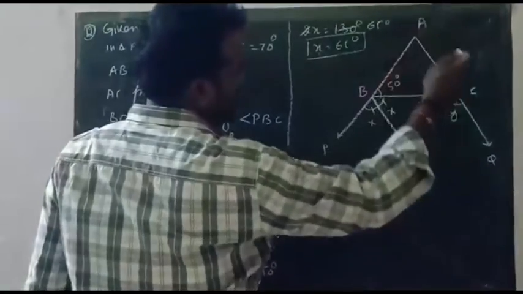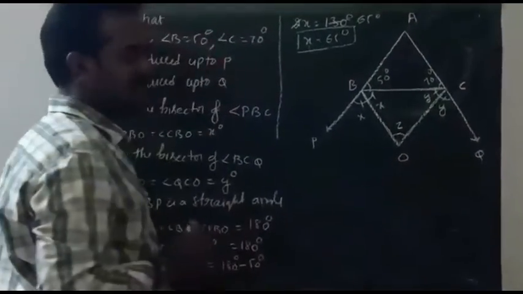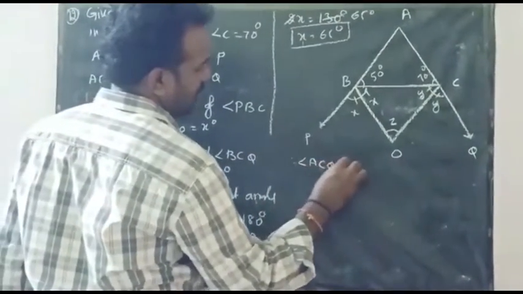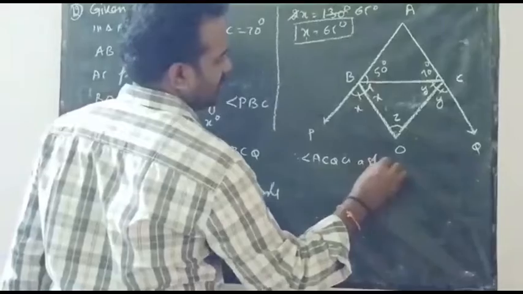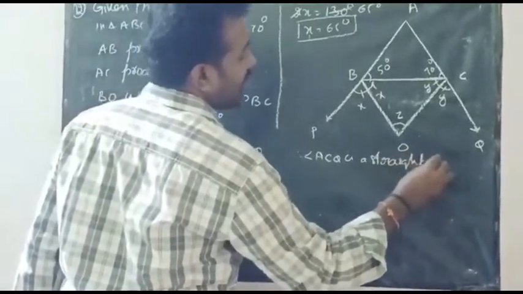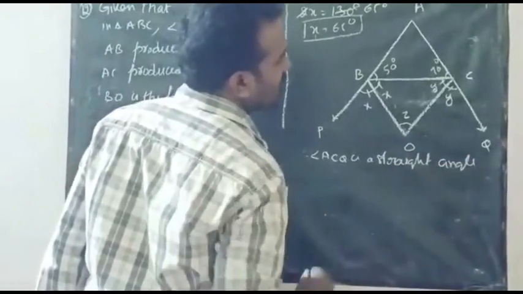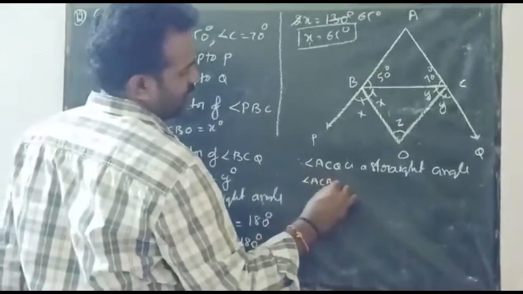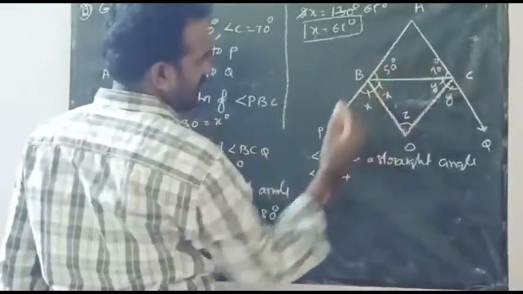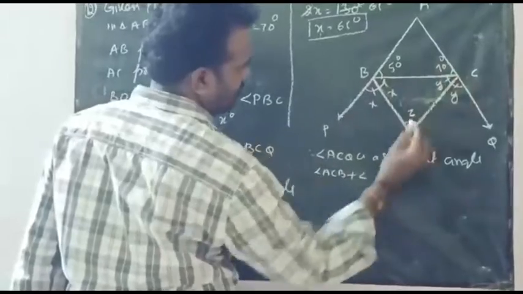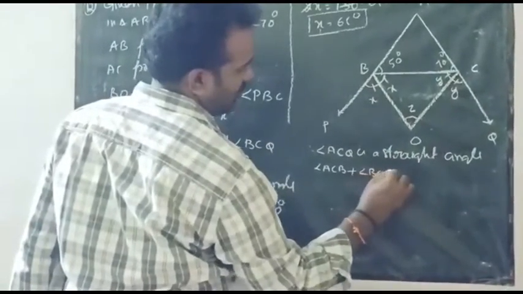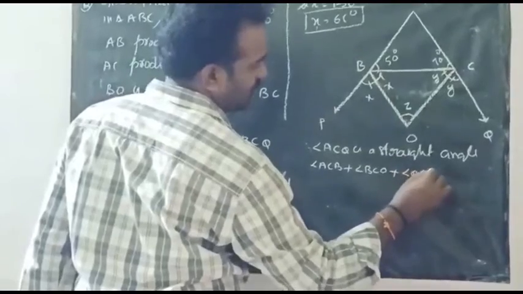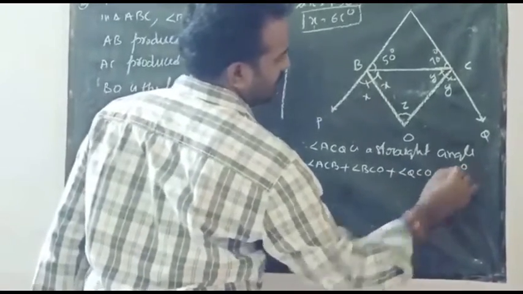Next, ACQ is also a straight angle, so it is equal to 180 degrees. Angle ACB plus angle BCO plus angle QCO is equal to 180 degrees.